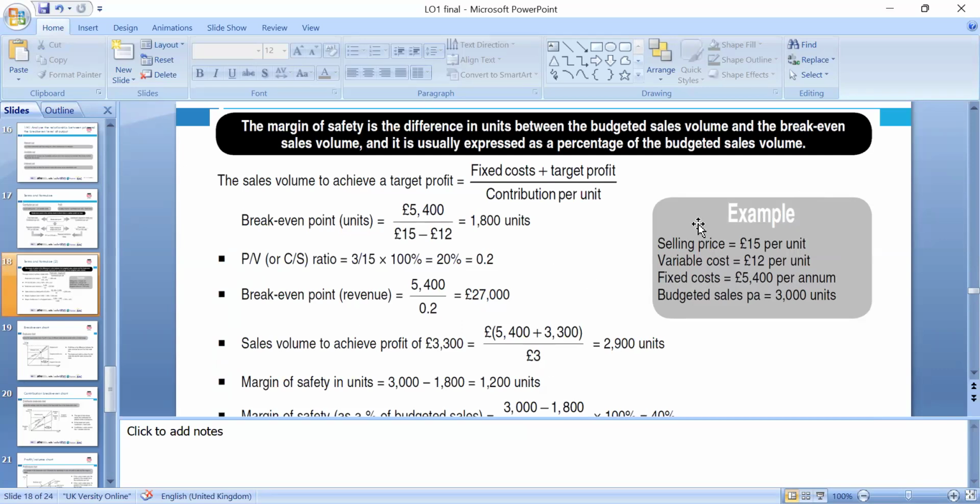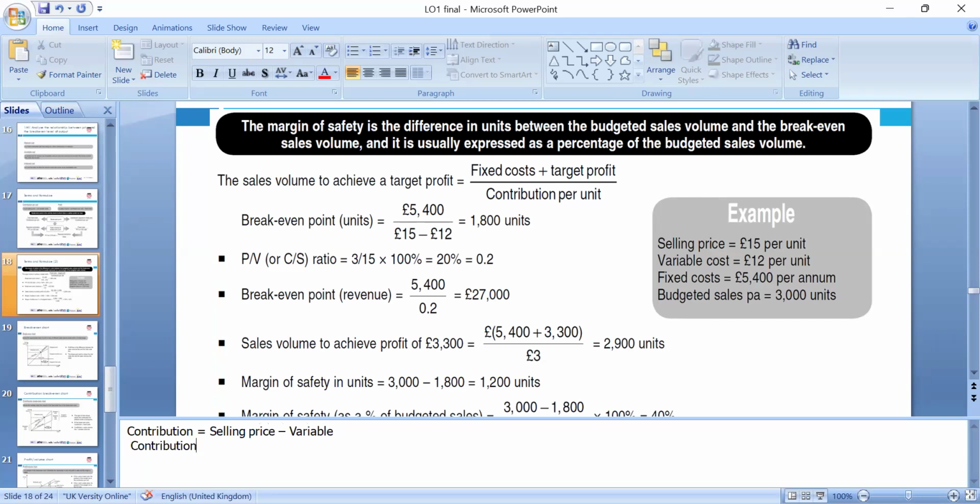Let's assume in the question you've been given selling price 15, variable cost 12. If I ask you what the contribution formula is: contribution equals selling price minus variable cost.